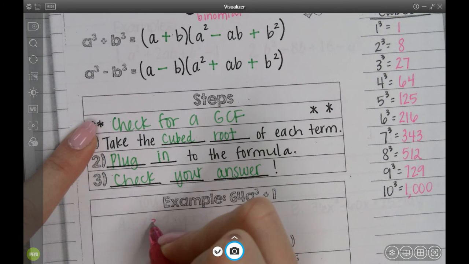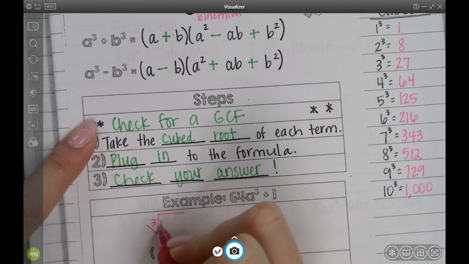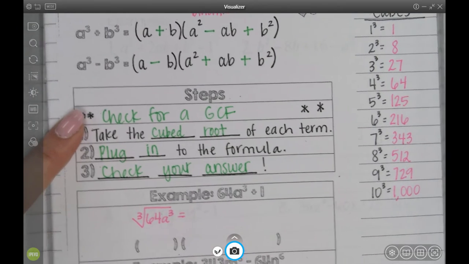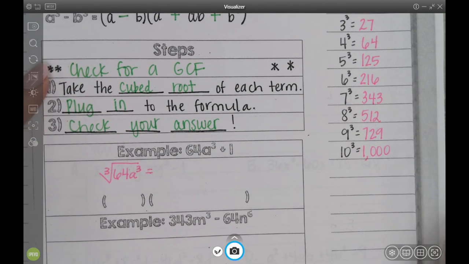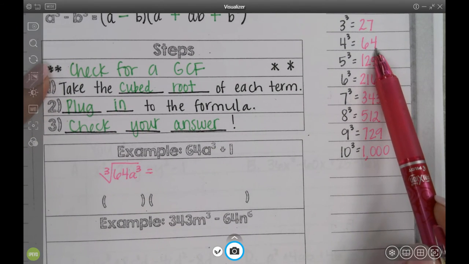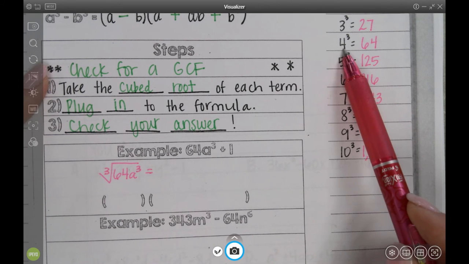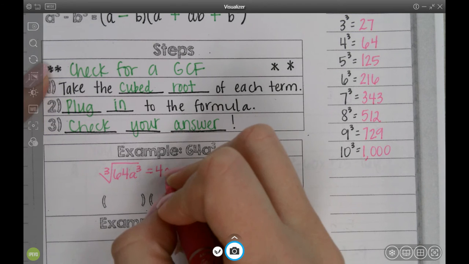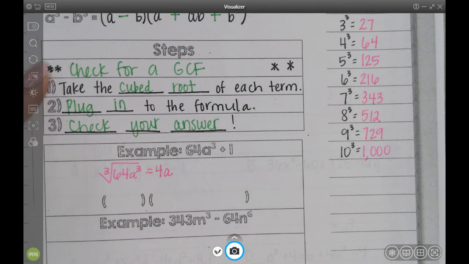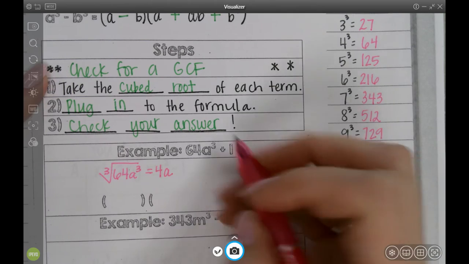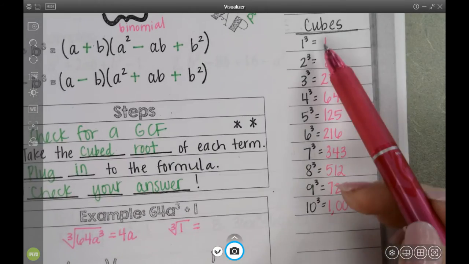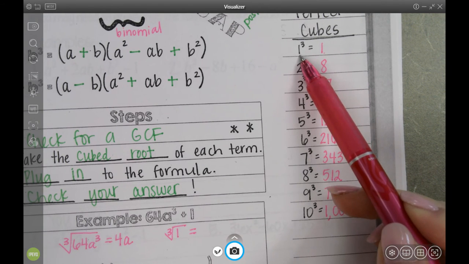So the cubed root of 64a cubed, the cubed root of 64 is 4. The cubed root of a cubed is a. I'm going to take the cubed root of 1. Cubed root of 1 is 1.